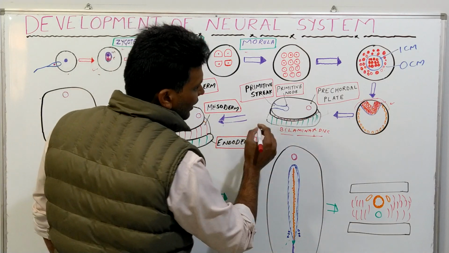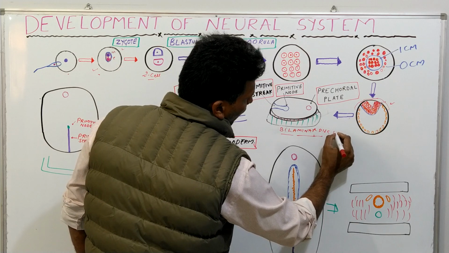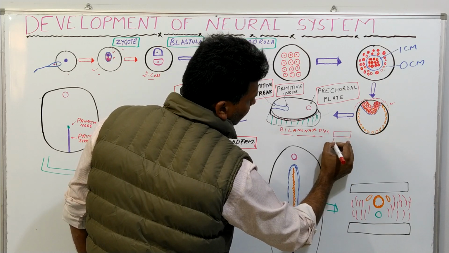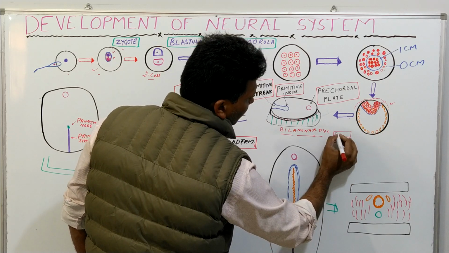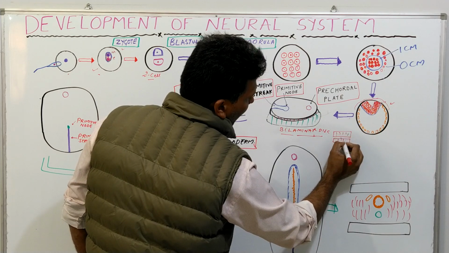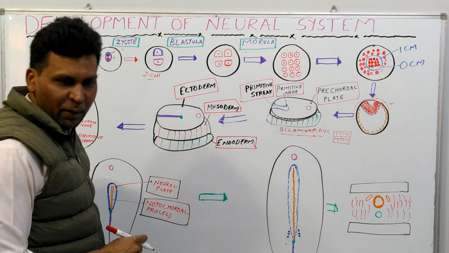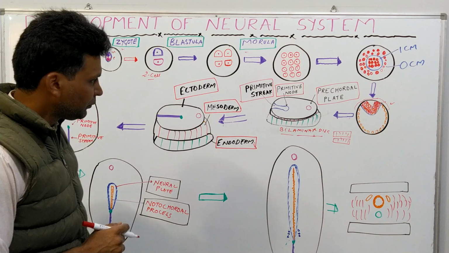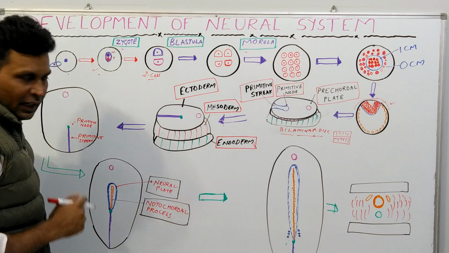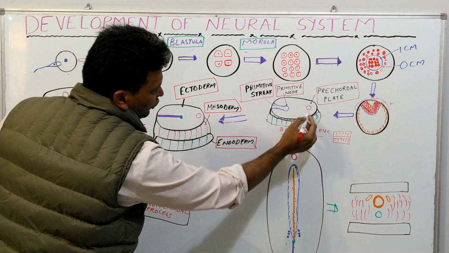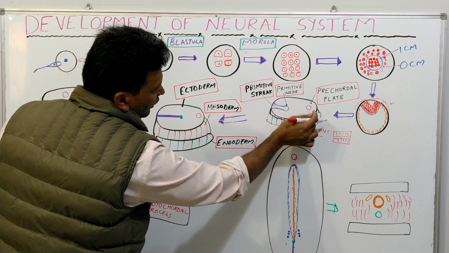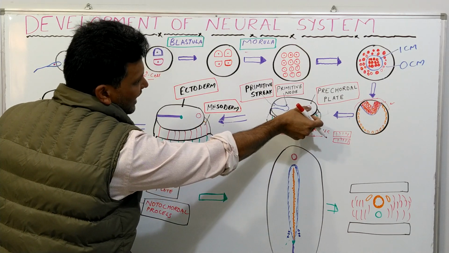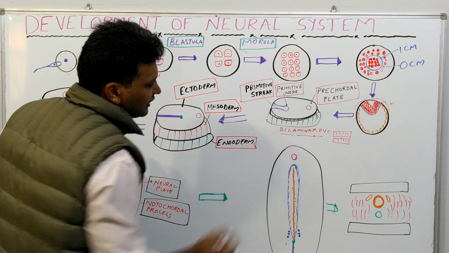A bilaminar disc is just like one disc here and a second disc here, like this. After that, these two discs are tightly held with each other at this anterior side.